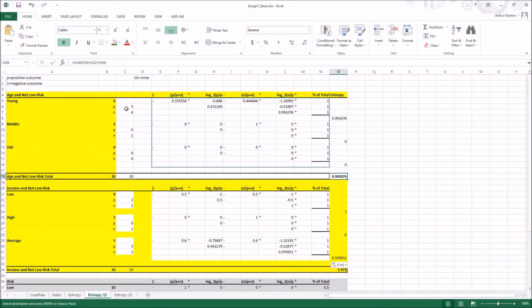And if we examine the values here, we have our middle giving us an absolute rule where we are essentially saying if risk is not equal to low and age is equal to middle, then we would predict a negative outcome. So we can go ahead and apply that as a rule now to our decision tree.